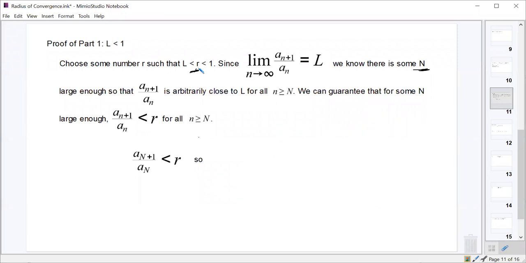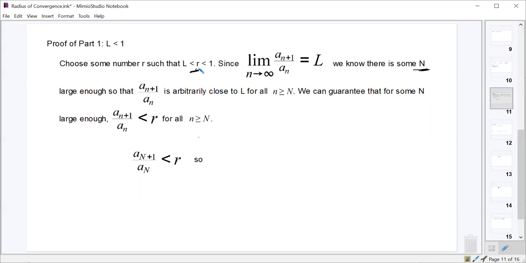Since there's an infinite number of numbers between 0 and 1, and therefore an infinite number of numbers between L and 1 also. If L is just some number, I should be able to pick some number between L and 1 and call it R.